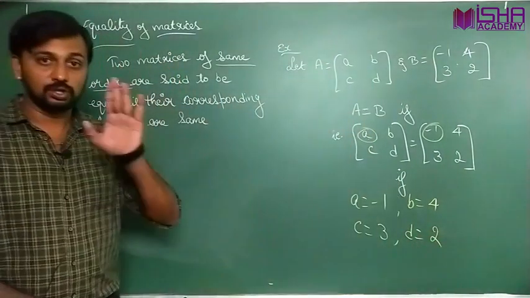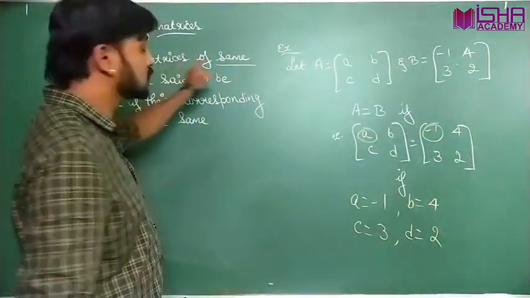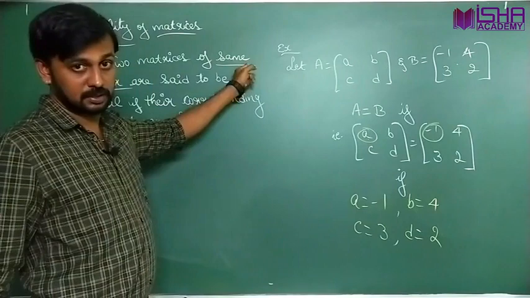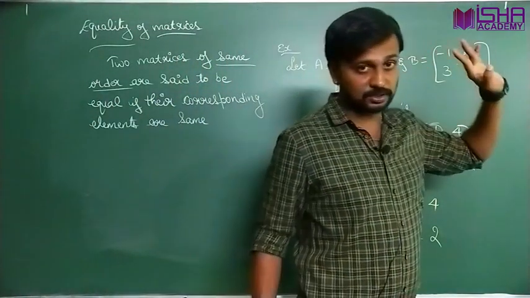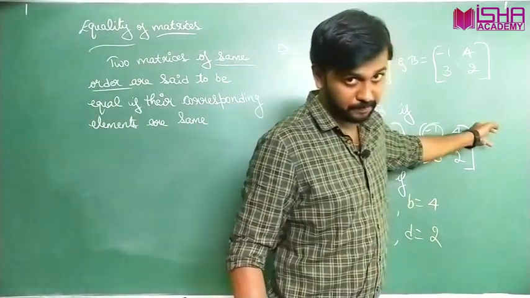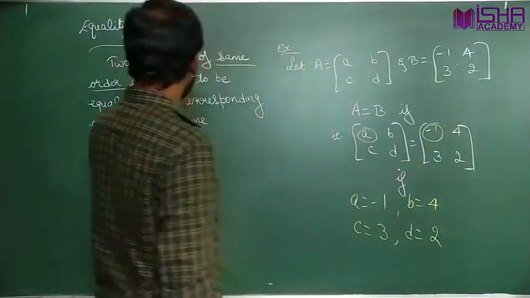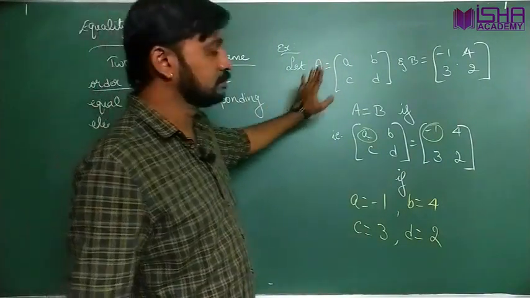Clear? You can equate any two matrices only if their orders are the same, and moreover their corresponding elements should be the same. So this is equality of matrices.